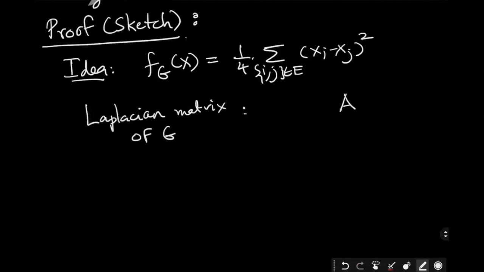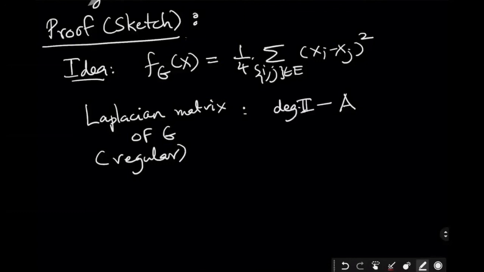The Laplacian is just like a shift of this matrix. For our purposes, we are dealing with only the cycle, so let's say our graph is regular, and the degree of every vertex is some number d. Then the Laplacian is simply d times identity minus the matrix A. What I did was just take the adjacency matrix and shift it by this degree times identity.